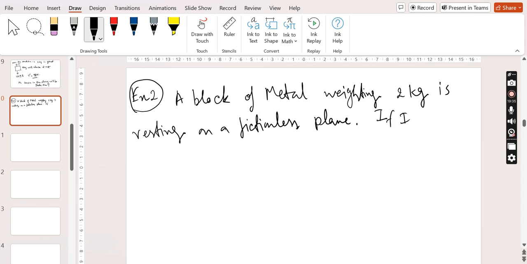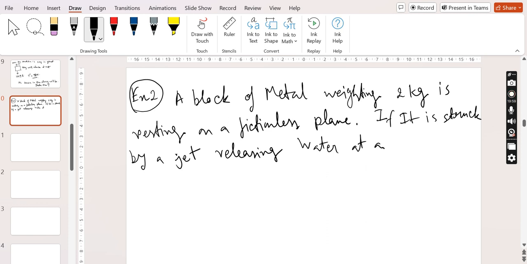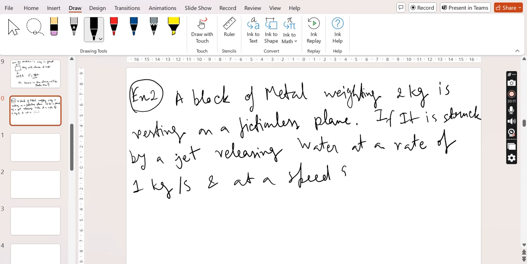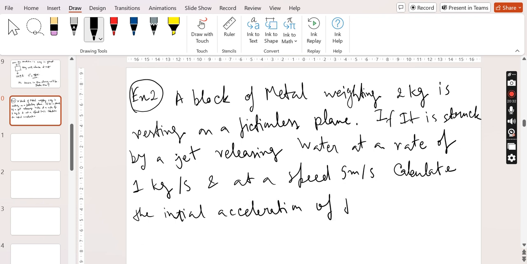If it is struck by a jet releasing water at a rate of 1 kg per second and at a speed of 5 meter per second, calculate the initial acceleration of the block.